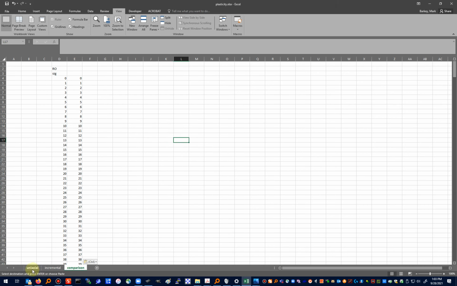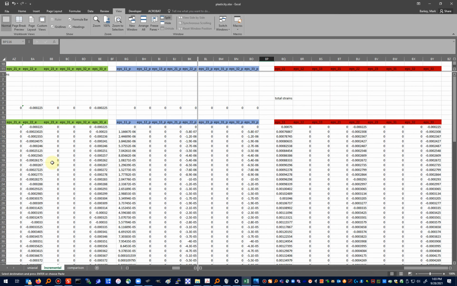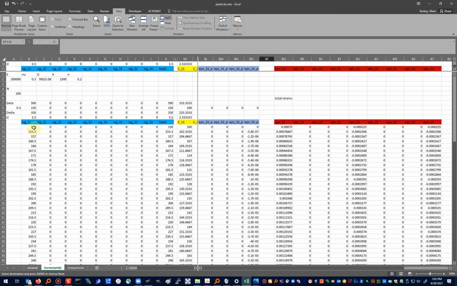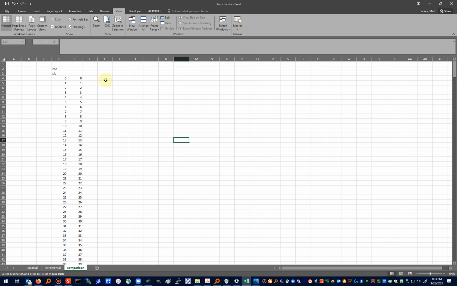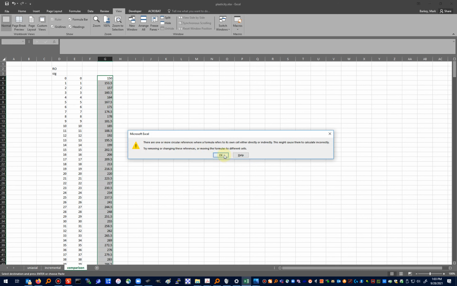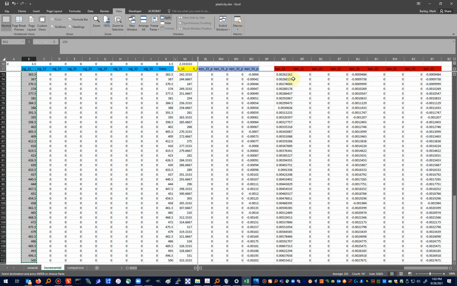And I'm going to compare that to, I'm starting at 150, these values. Let's see, paste values, and this one.